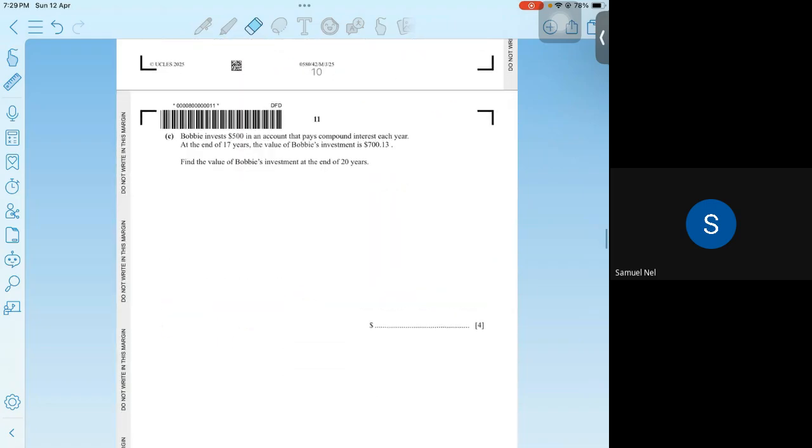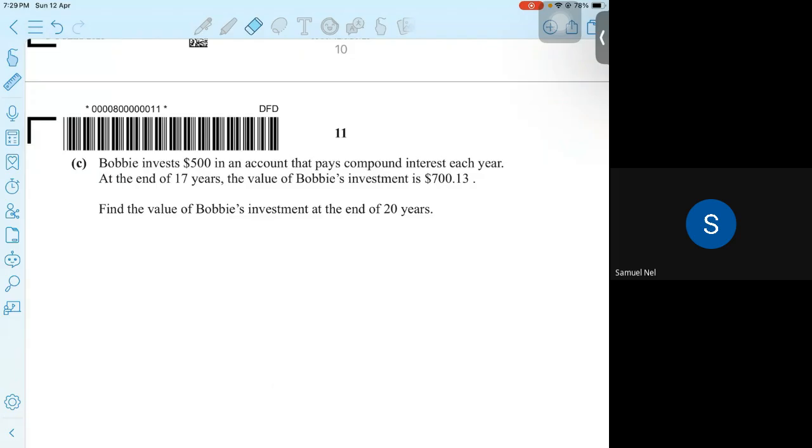Let's proceed. Bobby invests $500 in an account that pays compound interest per year. Compound interest is something that we have not learned since childhood. I think it gets introduced to us in either grade 8 or in IGCSE directly.